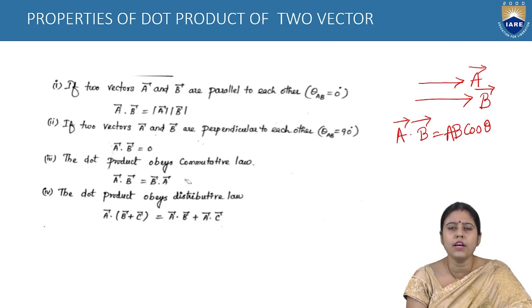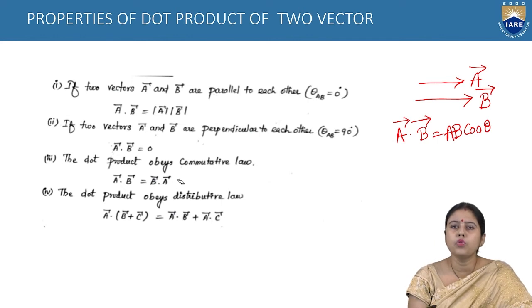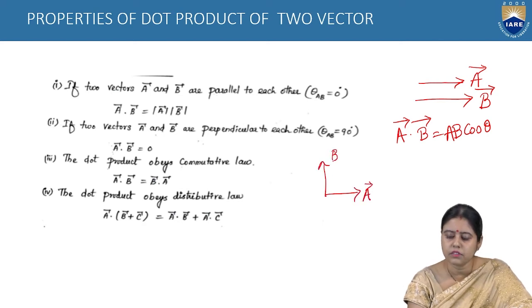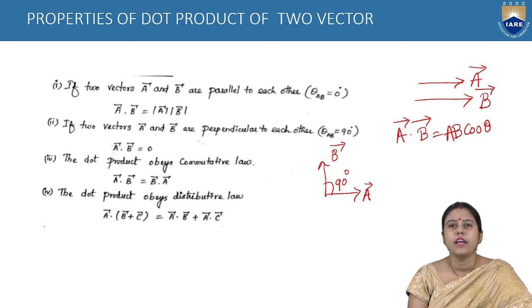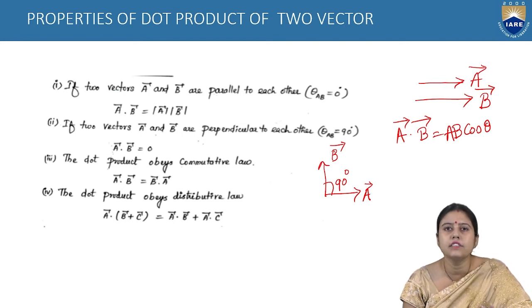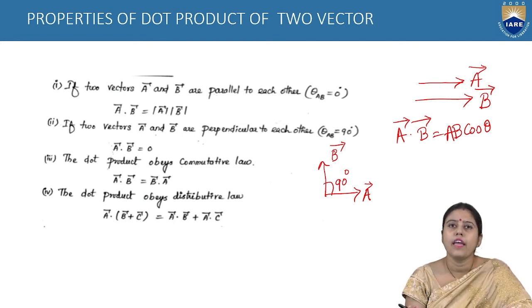Now we will go to the second point. If two vectors are perpendicular to each other, the angle is 90 degree. What will happen? Cos 90 is 0, so the total dot product will be 0.